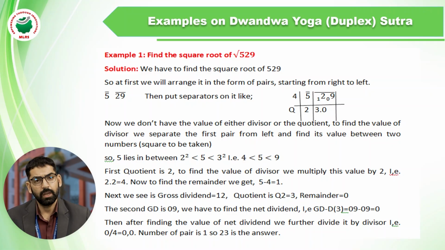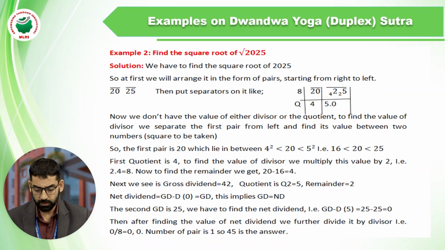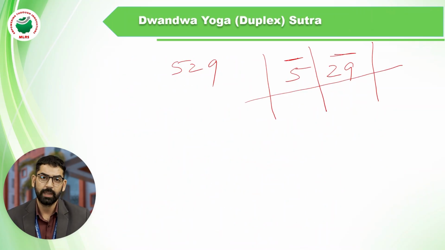Now in the vernacular method we have the divisor, but here if you see, we have only the number 5 to 9. We don't have any divisors, quotients, or remainders. So how do we take the quotient or the divisor first?